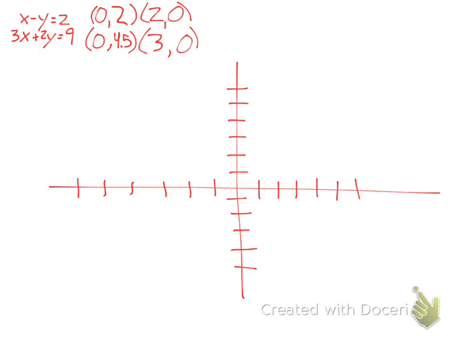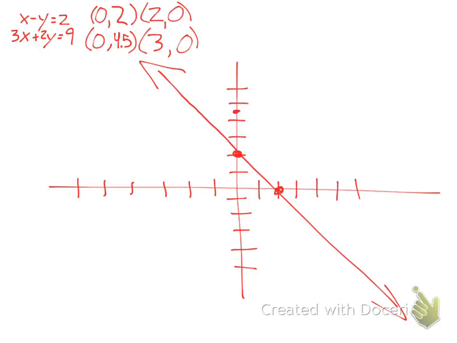So, I'm going to graph the first one, 0, 2, 2, 0. Is everybody okay with that? And I'm going to draw my line. There it is. The next one, 0, 4.5. 1, 2, 3, 4.5.